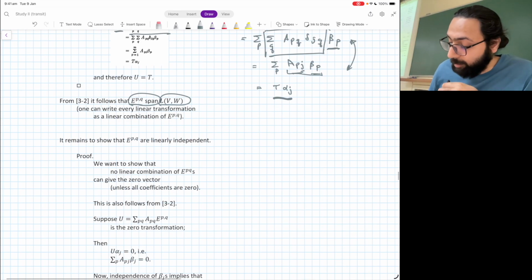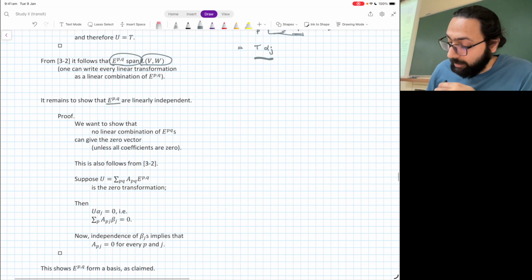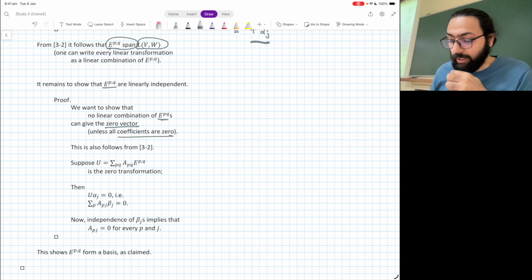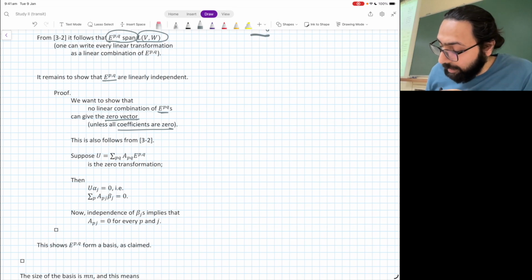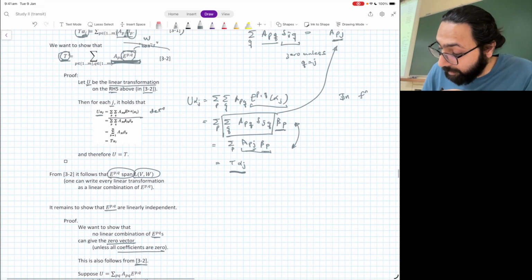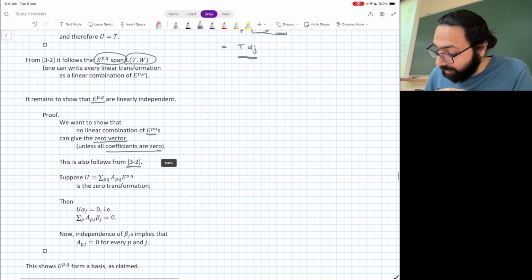So now we're going to establish that EPQ are actually linearly independent. Okay, so let's do that. We want to show that no linear combination of EPQs can give you the zero vector unless all the coefficients are zero. That's just the definition. And the claim is that this also follows from the equation 3.2 that we wrote down. Let's look at it more carefully.